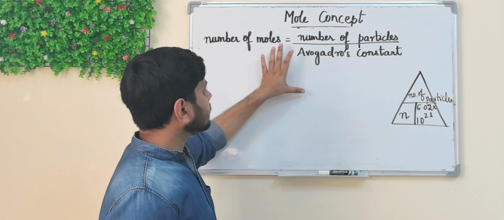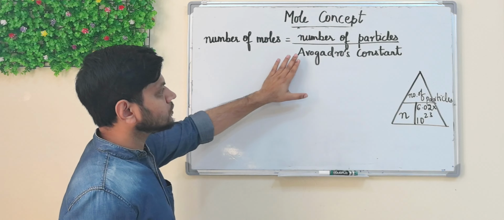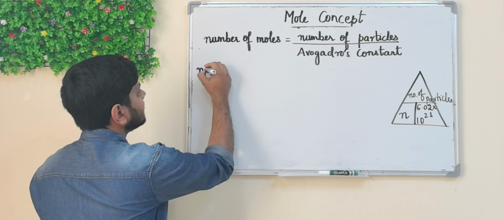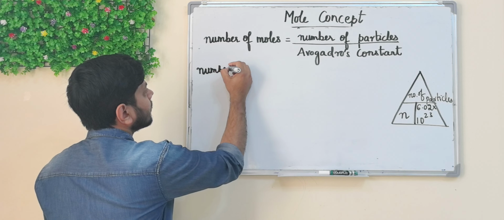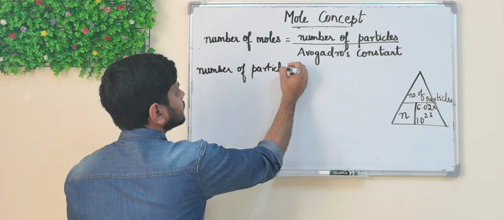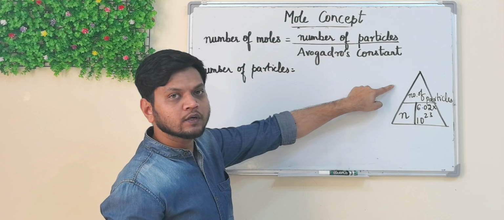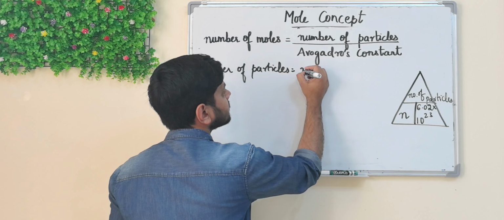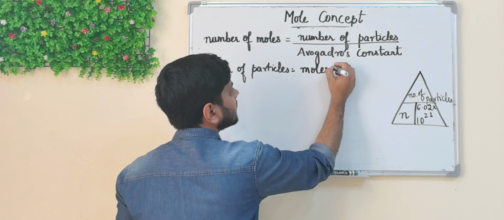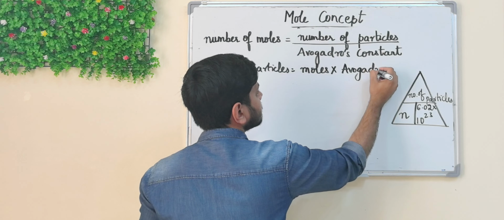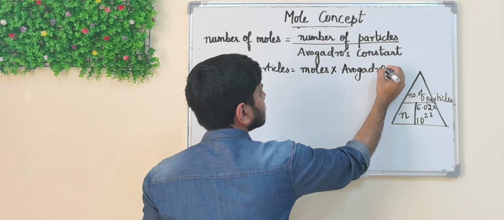So to calculate the number of moles, we use this formula. At the same time, if you want to calculate the number of particles, we just multiply moles with the Avogadro's constant. So this becomes number of moles times the Avogadro's constant.